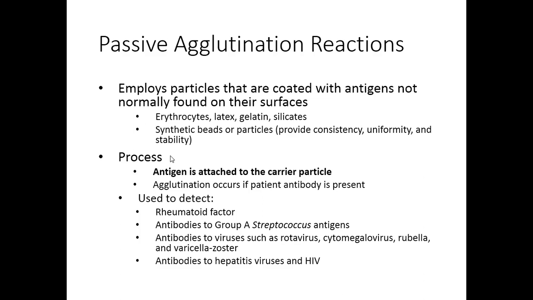But we can use things like red blood cells too, and viruses are known to spontaneously attach to red blood cells. So that's always a possibility. We'll continue. So anyway, antigen can get attached to a carrier particle in a passive agglutination.